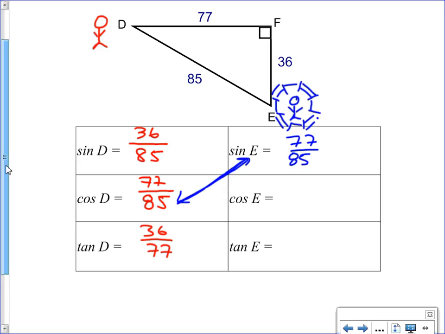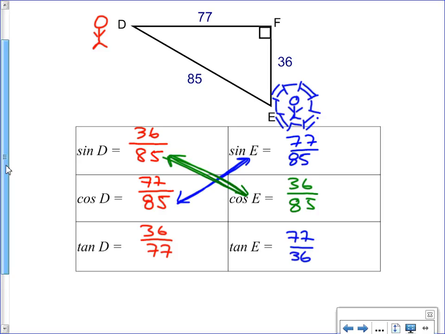His cosine is 36 over 85, which matched the sine of D. It's constant. And then the tangent of E is 77 over 36. These two are flipped. So you could say that the tangent of E is the cotangent of D as well.